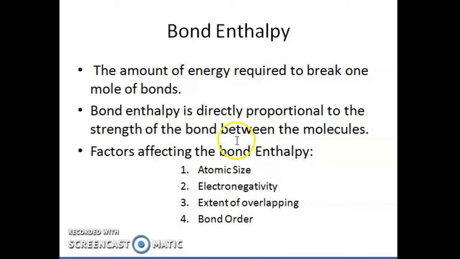And there are certain factors which affect the bond enthalpy: atomic size, electronegativity, extent of overlapping, or bond order. Atomic size may affect the bond enthalpy, electronegativity may affect it, and the extent to which overlapping takes place will also affect it, as will the bond order. So all these 4 factors will affect the bond enthalpy.